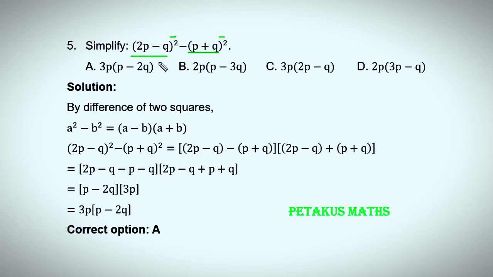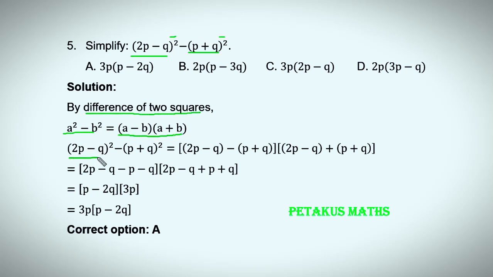Solution. We simplify by applying difference of two squares. You have expression such as a squared minus b squared. When factorized, you have this result.